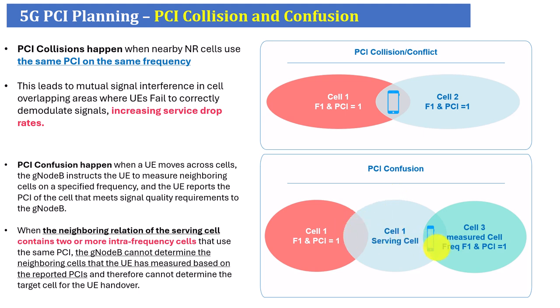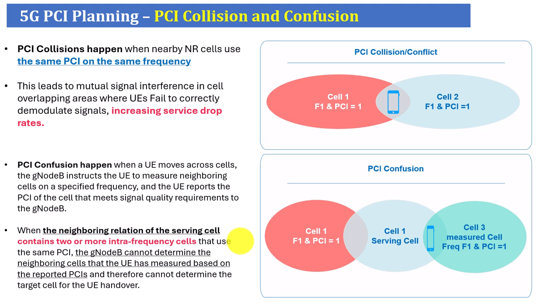So once a user moves, for example, and starts reporting the PCI to the serving unit B, the unit B cannot determine which neighboring cell the reported PCI was measured from. Both are configured within the cell, so it will not understand whether this is related to cell 2 or cell 3. So this will make a confusion. In this case, the handover cannot be done.